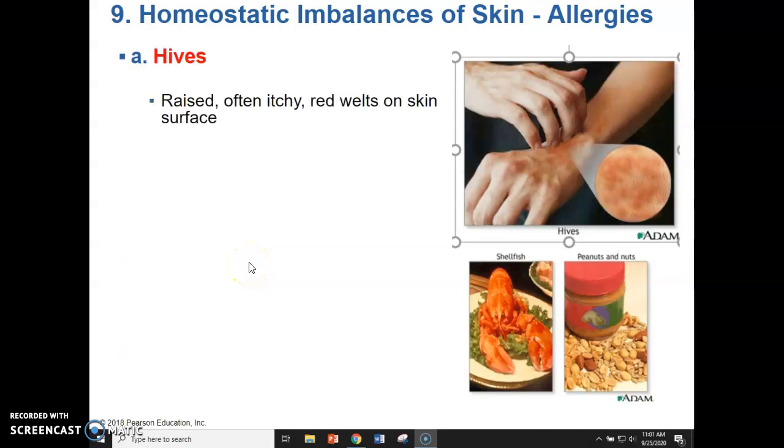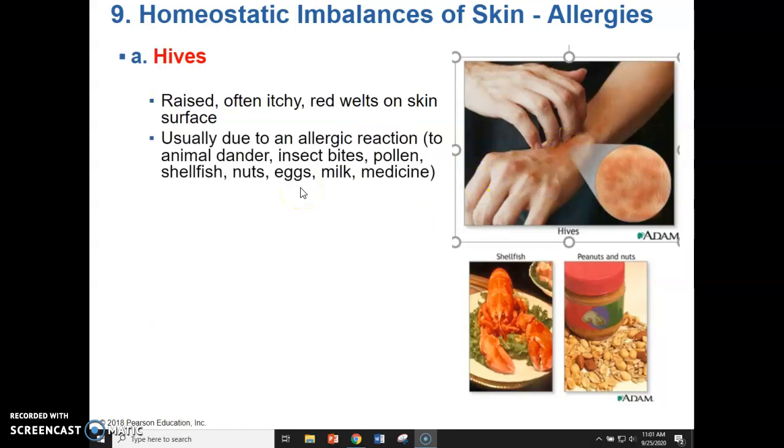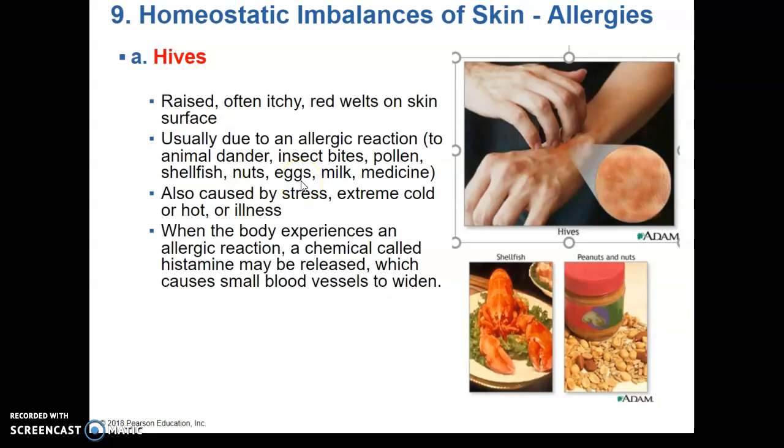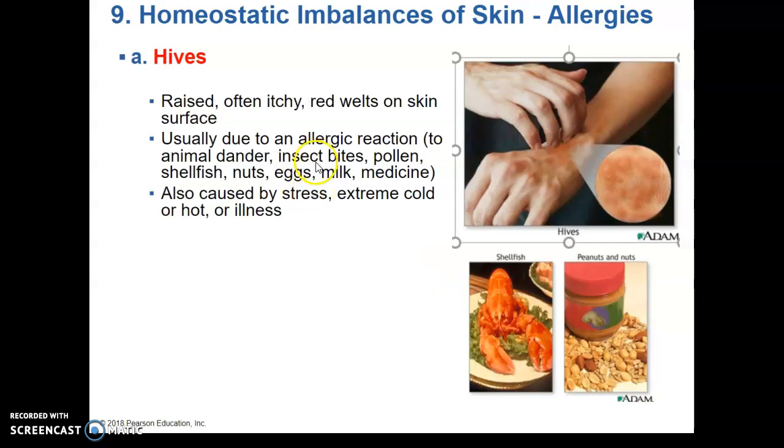An allergy, such as hives, red, itchy welts on your skin like this, can pop up very, very quickly, and are an allergic reaction of your body to something, such as an insect bite or pollens, a food, medicines, animal dander.